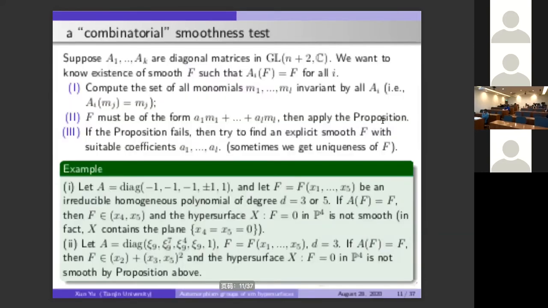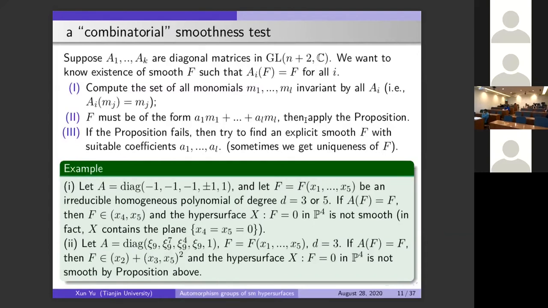Often we can rule out F. If we cannot rule out F, that means the proposition fails, then we try to find the existence of an explicit smooth F with suitable coefficients. Sometimes we could get uniqueness of this smooth F. So this is how to use the combinatorial test.